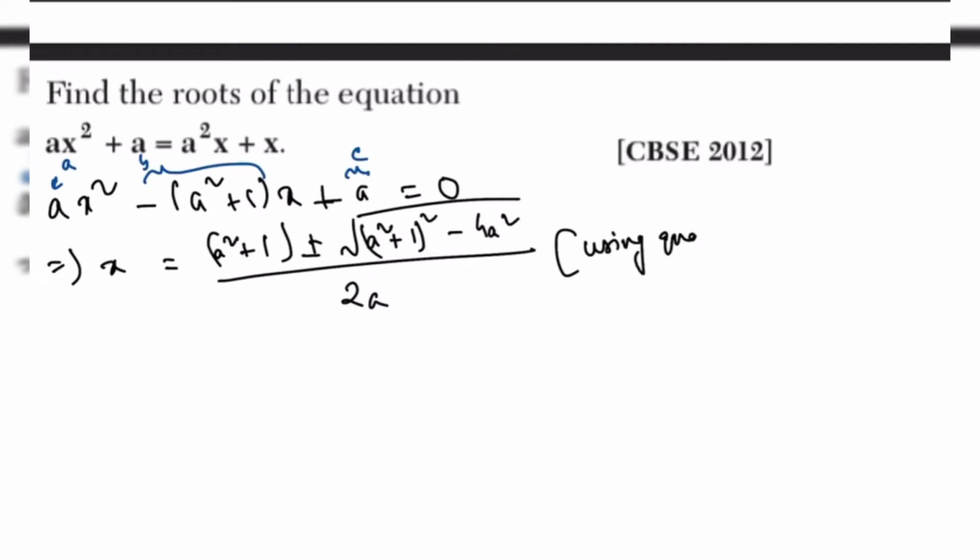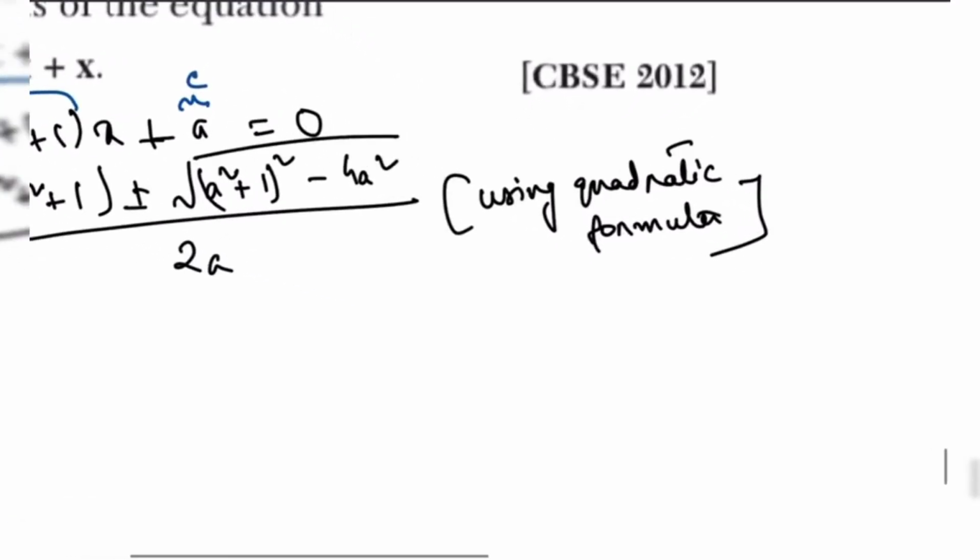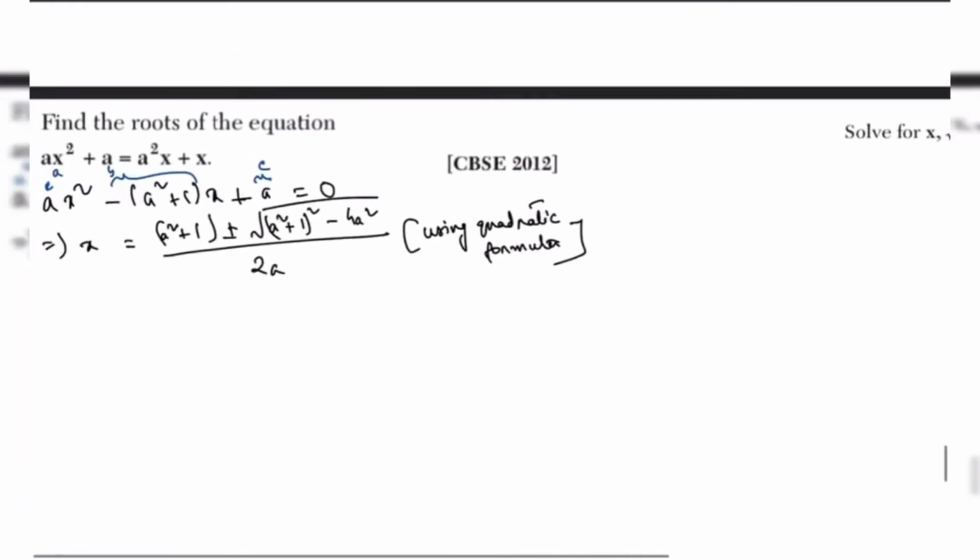Remember to write using quadratic formula. Okay, great. So observe one thing here. Let's do this here. Suppose capital A equals a square and capital B equals 1.